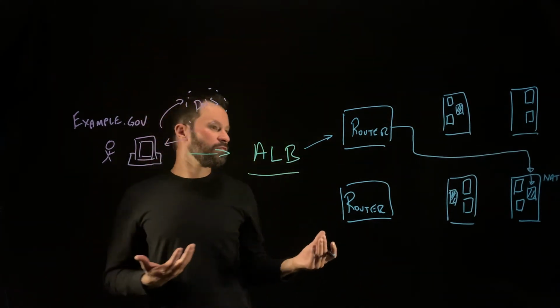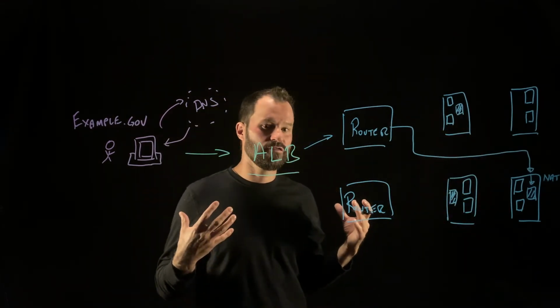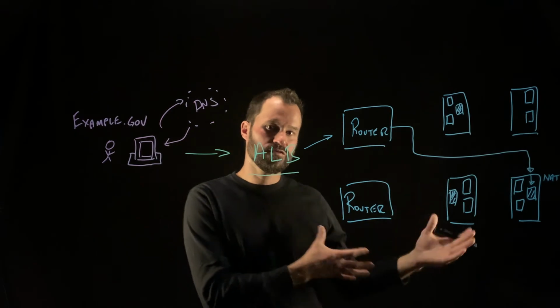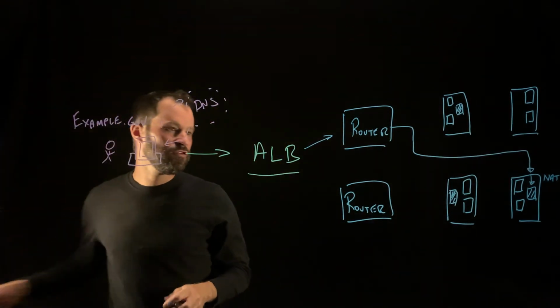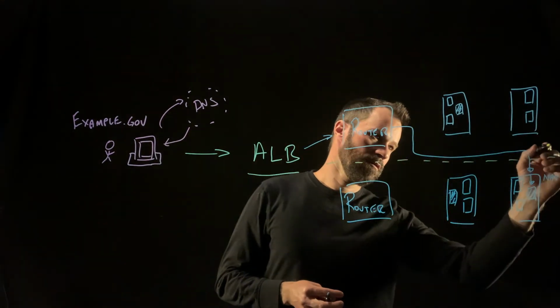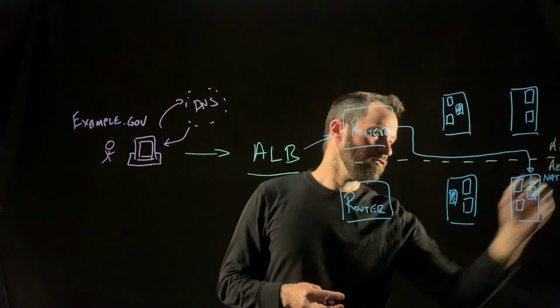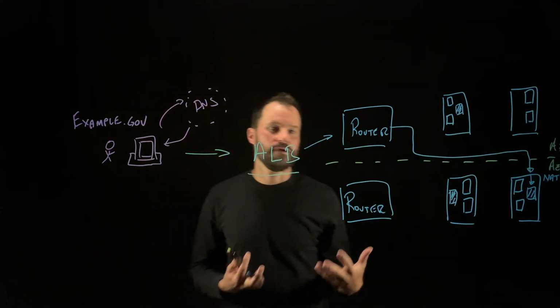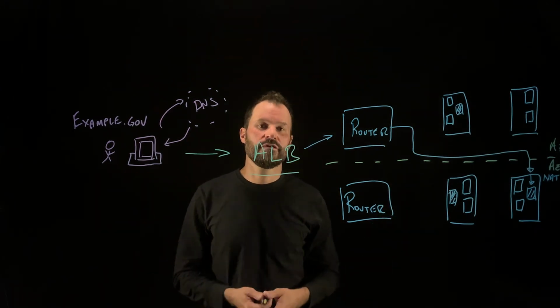I drew this picture this way because we are running in a virtual private cloud in Amazon, but we're also running across 2 availability zones. I'll just label those AZ1 and AZ2. An availability zone in Amazon terms is essentially a set of physically isolated hardware.